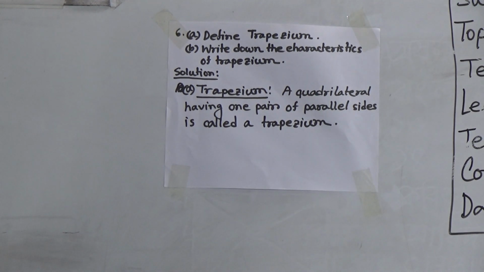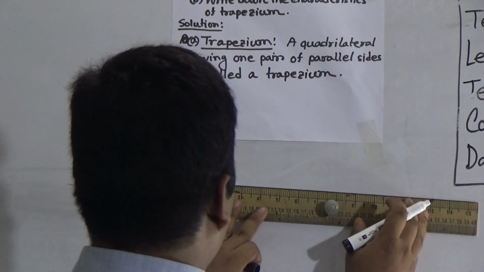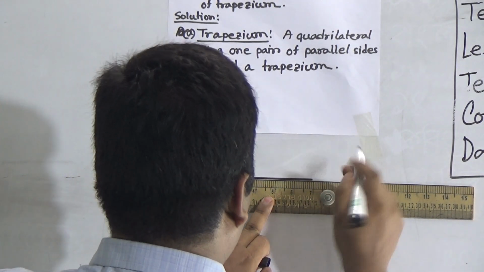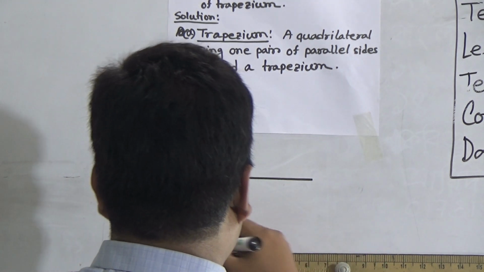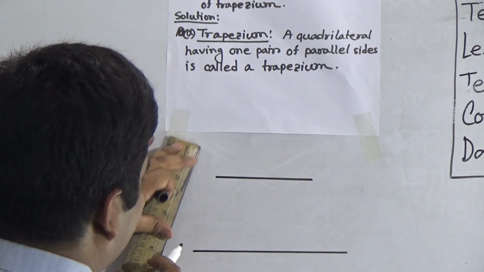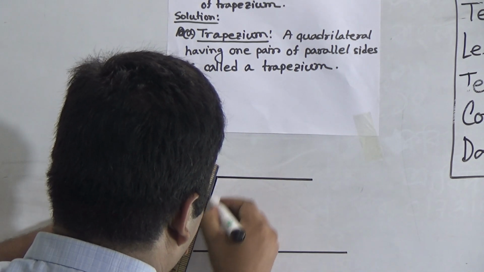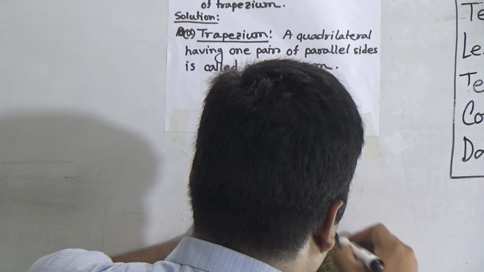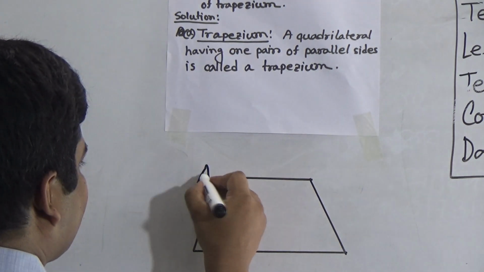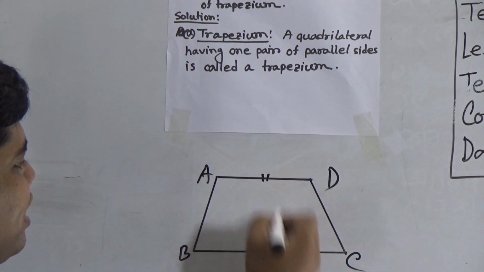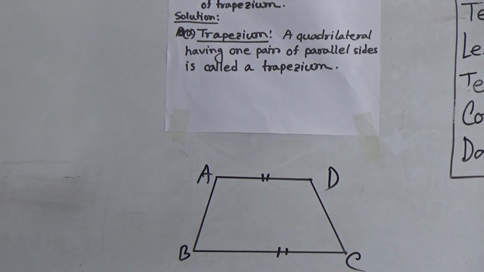So now we draw, please notice. This is one side and this is another side, and they are parallel to each other. Now we join this one and also this one, and the name of this figure is A, B, C, D. Dear students, notice AD and BC are parallel, on the other hand AB and CD are not parallel.